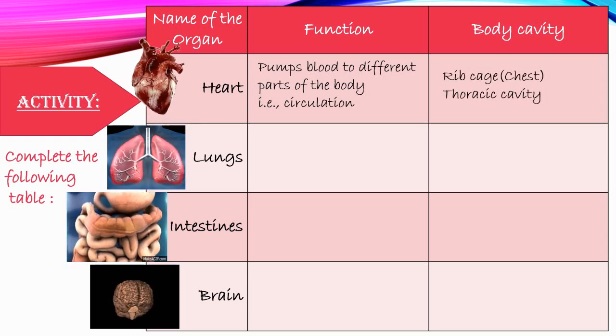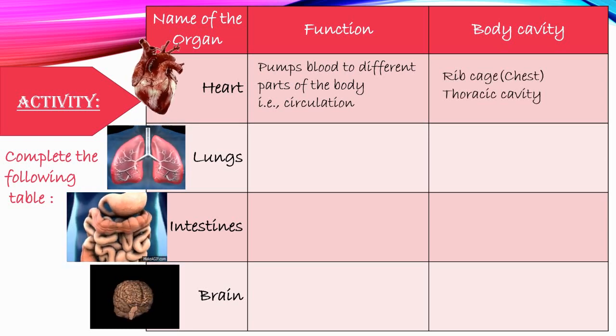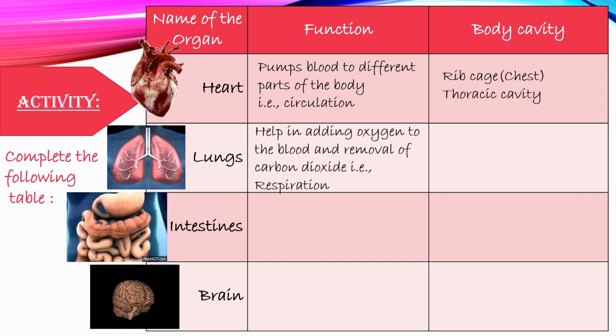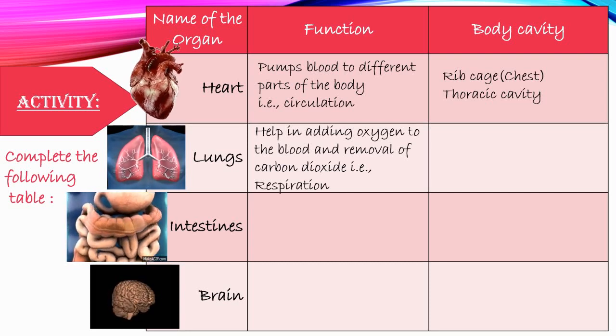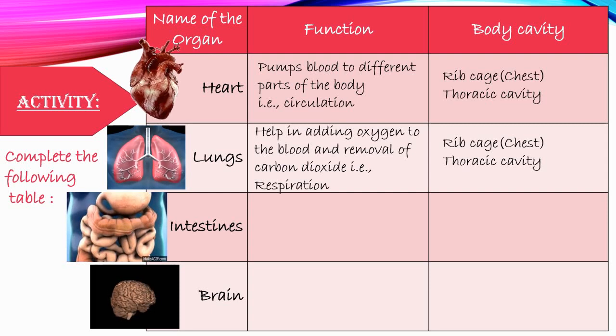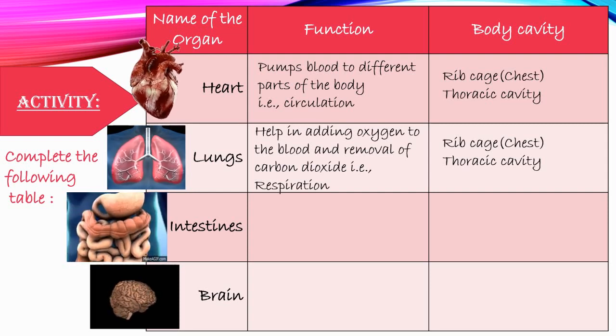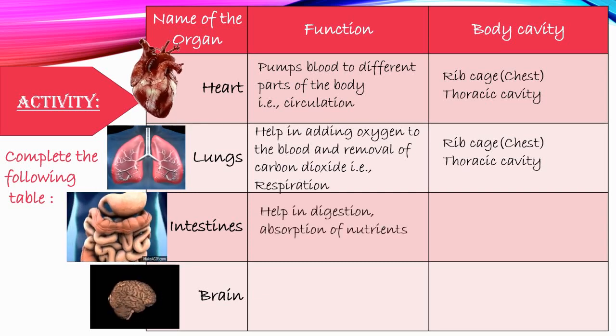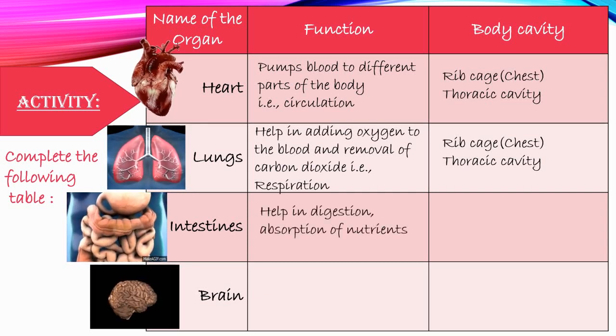Lungs help in adding oxygen to the blood and removal of carbon dioxide, that is respiration. And the body cavity is the rib cage, chest, thoracic cavity. Then the next organ is the intestines. Intestines help in digestion and absorption of nutrients. And the body cavity is the abdominal cavity.